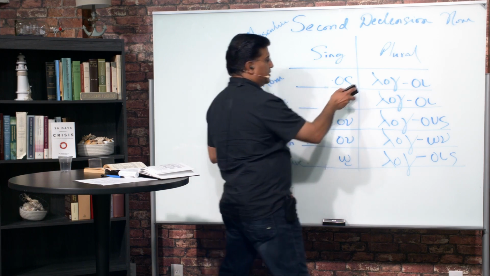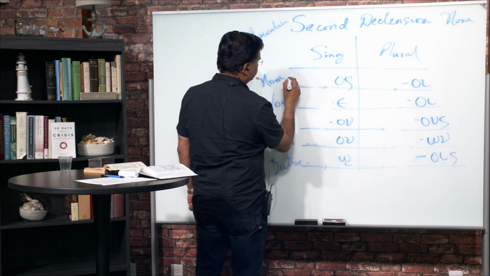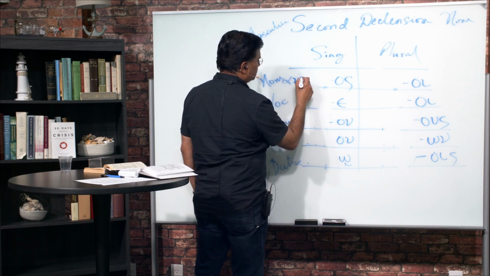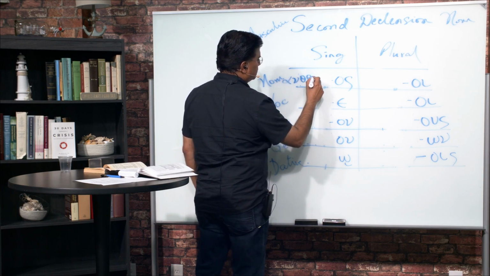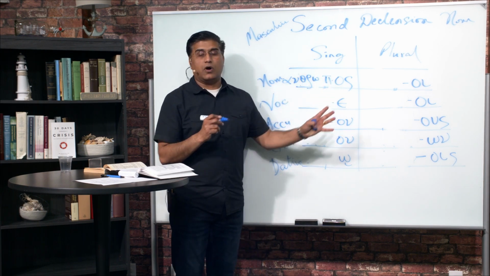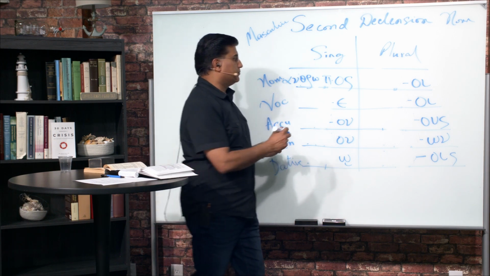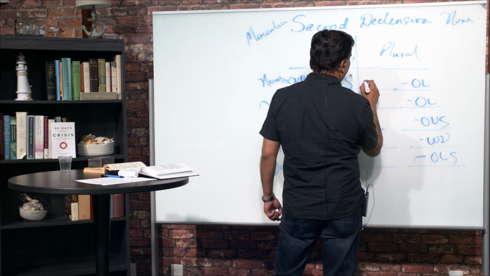So let's say the word is anthropos. Anthropos, man, as a subject. Anthropoi.